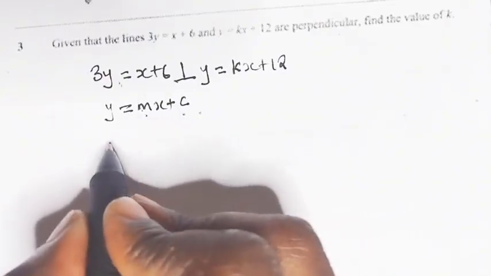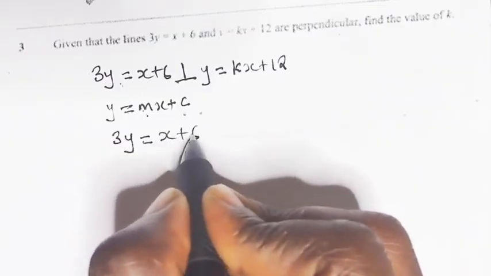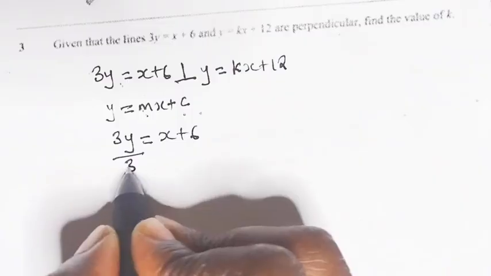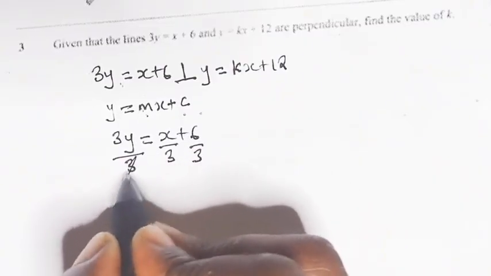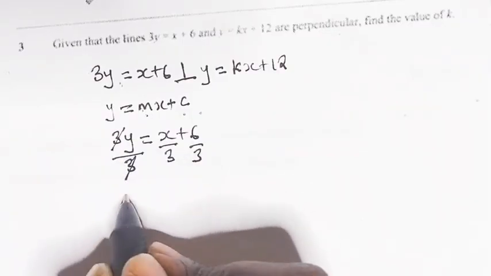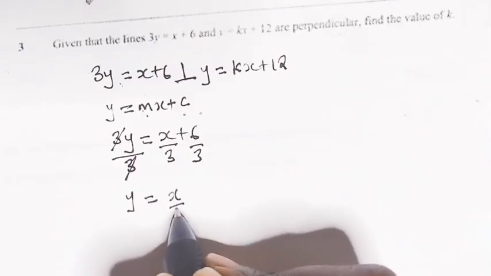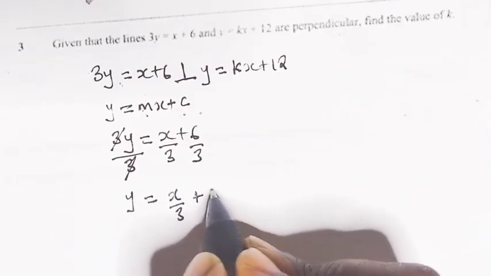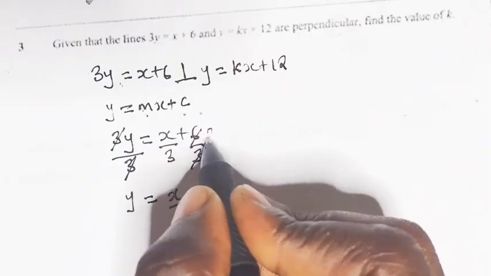We have 3y equal to x plus 6. So here I'll divide by 3, and here I'll divide by 3. So this 3 and this 3 will cancel. I'll remain with y equal to x over 3 plus 2, because 3 into 6 is 2.